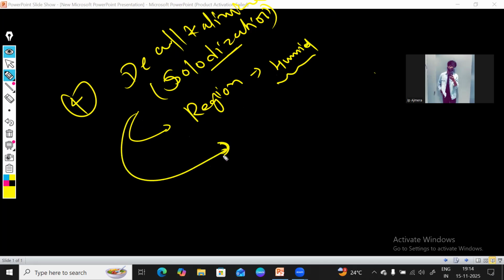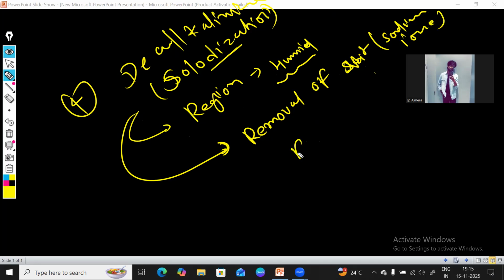There was accumulation or adsorption of sodium, so there would be the removal of sodium ions from the colloidal surface. So this is dealkalinization. The same trick will work here, because of water: sodium will form a salt and it will eventually get leached down through the water. I think it's clear to you.